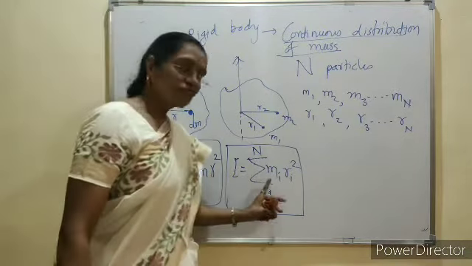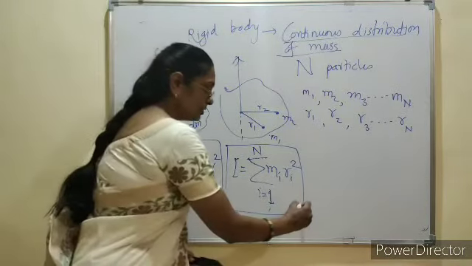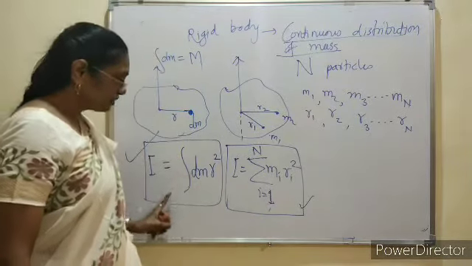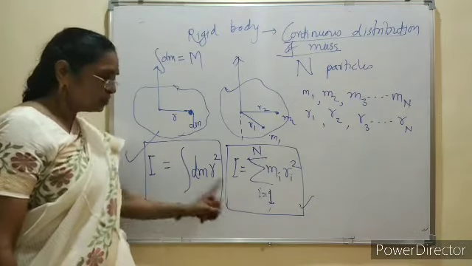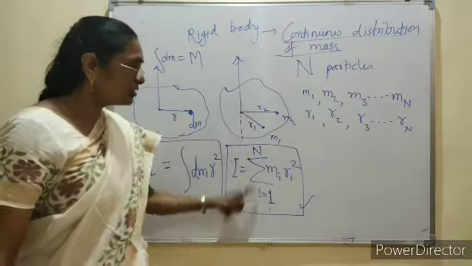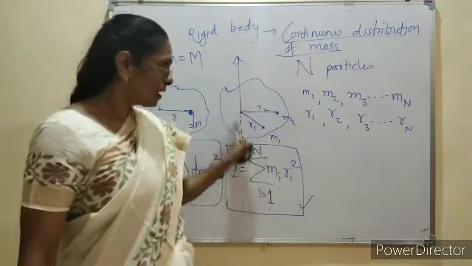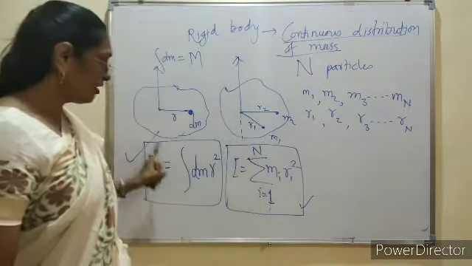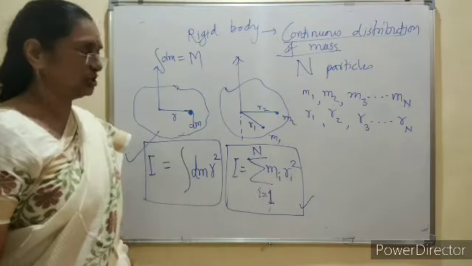For numerical problems we use the earlier definition also, but for derivations we use this general definition. Both definitions are one and the same. For the sake of understanding, we took the distribution of particles for a rigid body, but in further topics we use this definition.